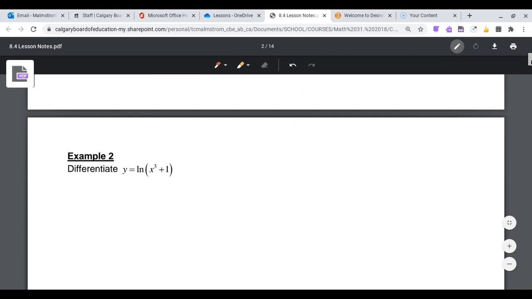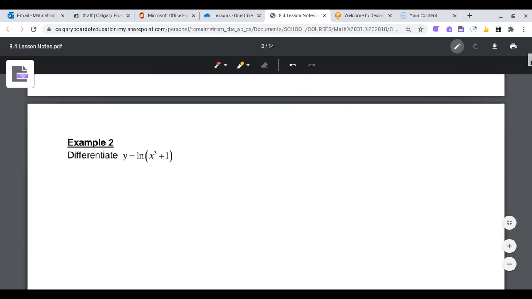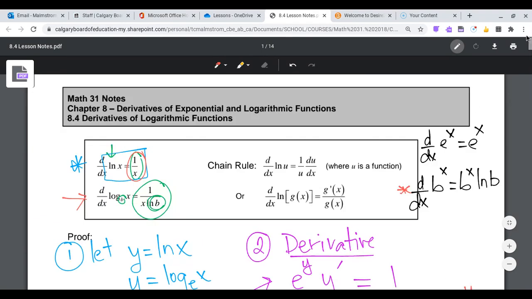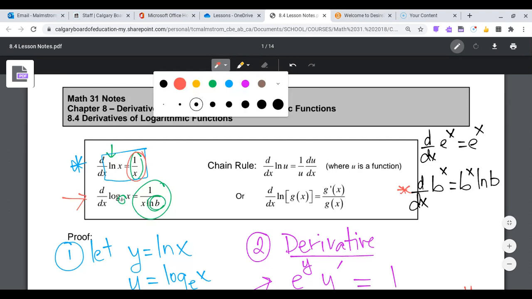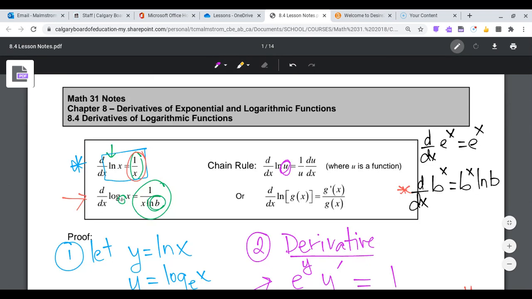All right, next one. So this one has more going on inside than just an x. Back in our little box, it says, what happens if you have this u thing? It's not just x. Then you have to do the chain rule. So we have 1 on u followed by the derivative of the argument. That's what we're going to need to do on this question.